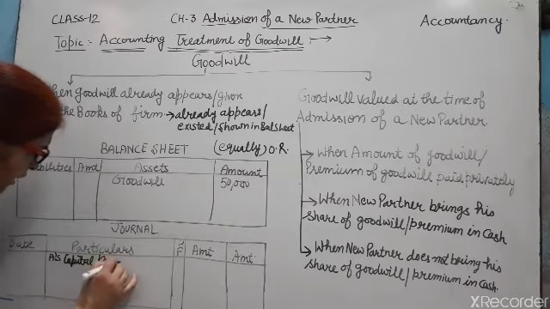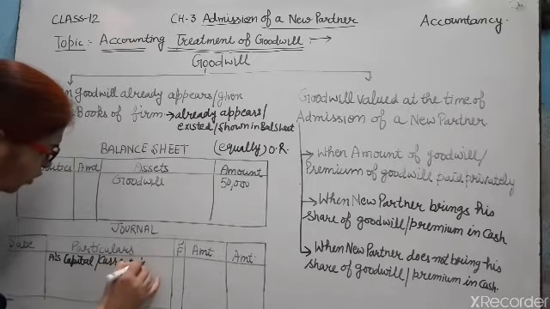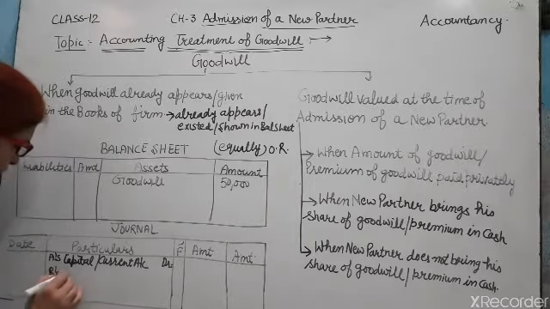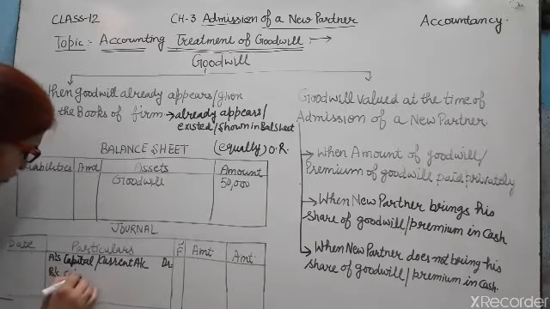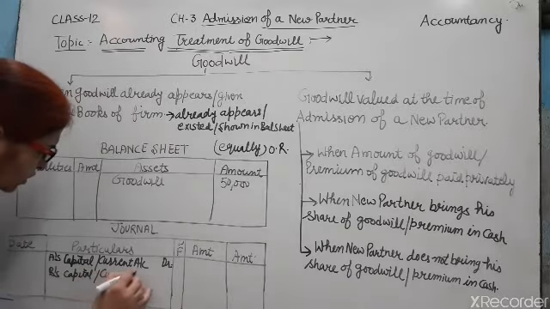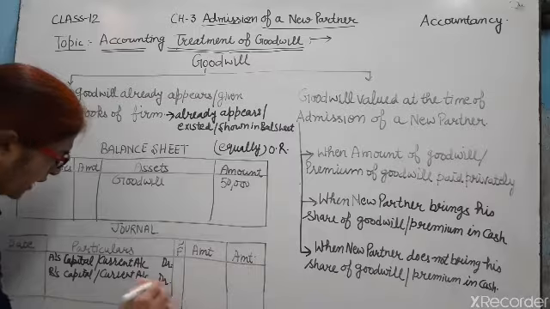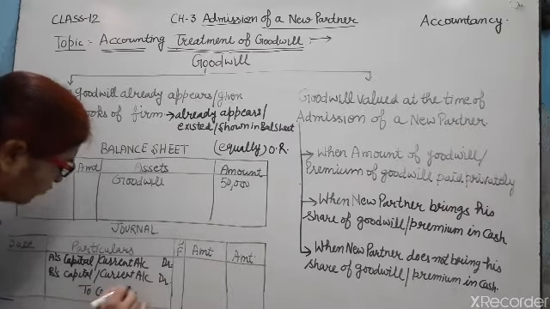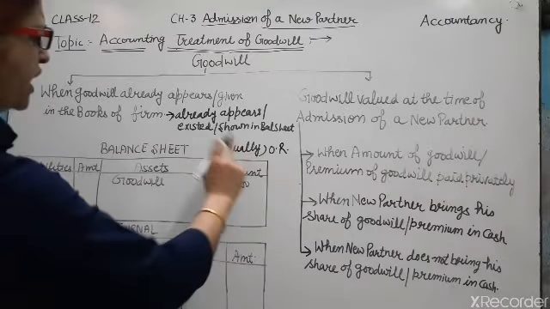or current account. Capital account is used when capital is fluctuating in the question, and when capital is fixed we debit the partner's current account. And goodwill is credited, and we divide the 50,000 equally.